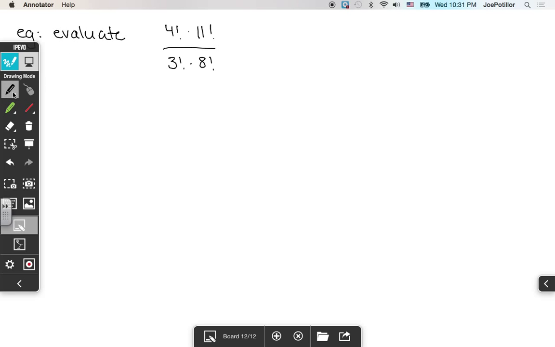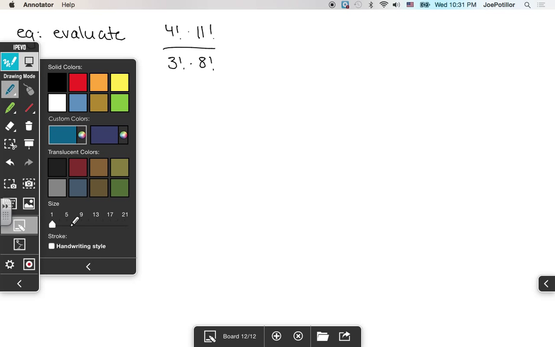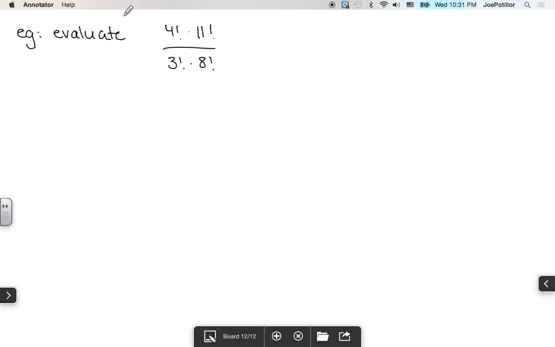So to evaluate what this product is, we have 4 factorial times 11 factorial over 3 factorial times 8 factorial. And recall that I said that you find the highest one that's on the bottom and you write everything in terms of that.